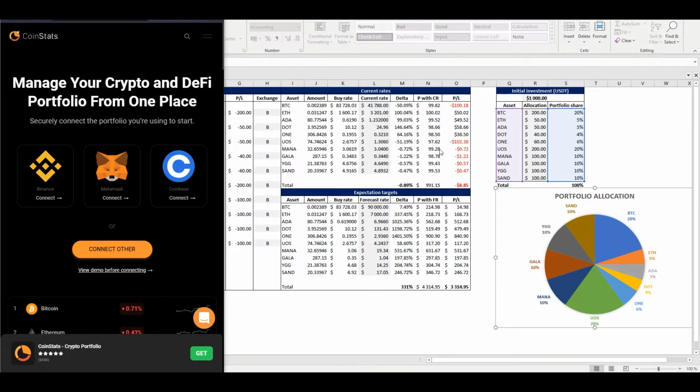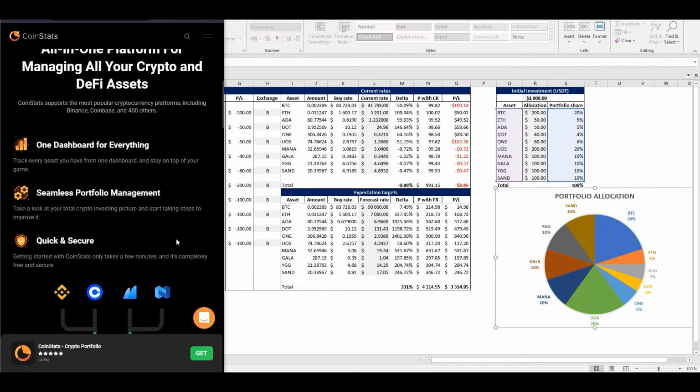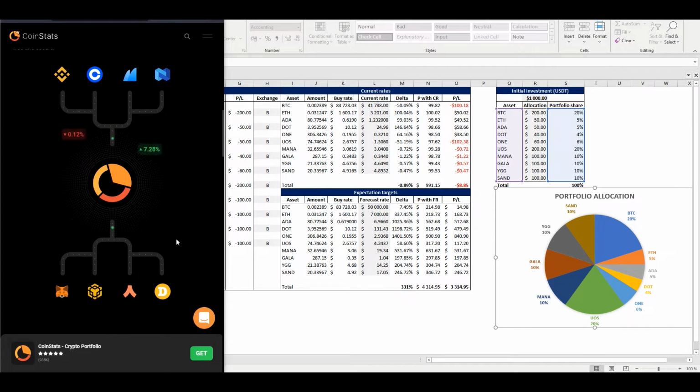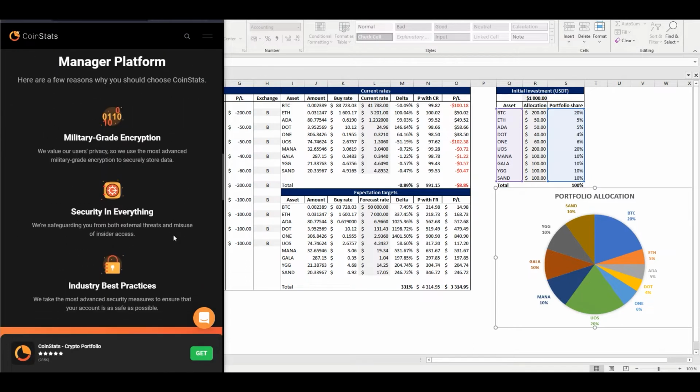There are many ways you can manage your portfolio. It can be online or offline. As for online, there are such services as CoinStats, where you can connect your Binance, MetaMask, or Coinbase wallets to their platform and then monitor your performance in one single platform. It is super comfortable, but it is connected to the internet, and sometimes it doesn't matter how super secure you are.